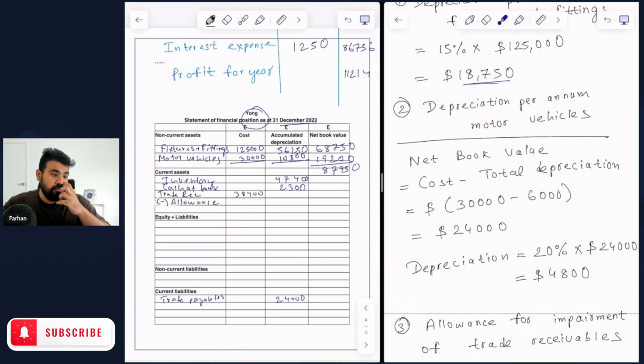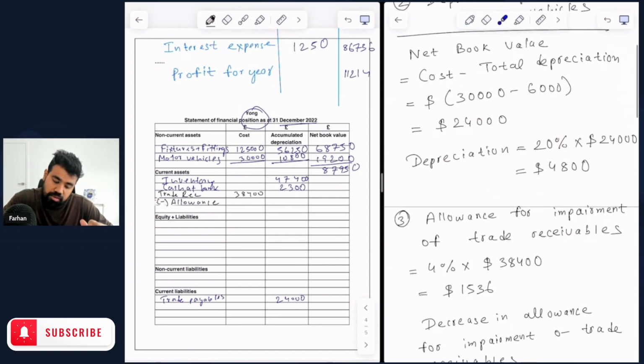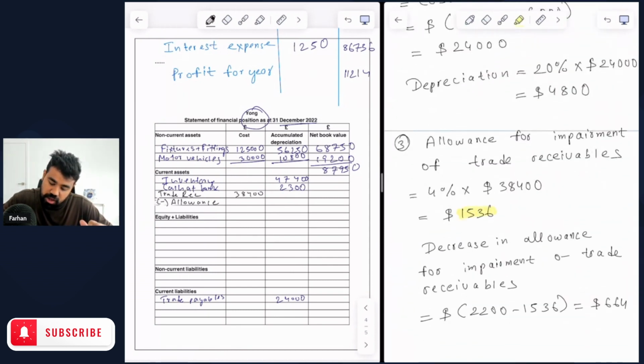So from 38,400, we subtract the allowance of 1,536, not 664. 664 is what we have shown in the statement of financial performance. So make sure to include 1,536 because this is the allowance at the end of 31 December 2022. So when you subtract 1,536 from 38,400, the net trade receivables is 36,864.